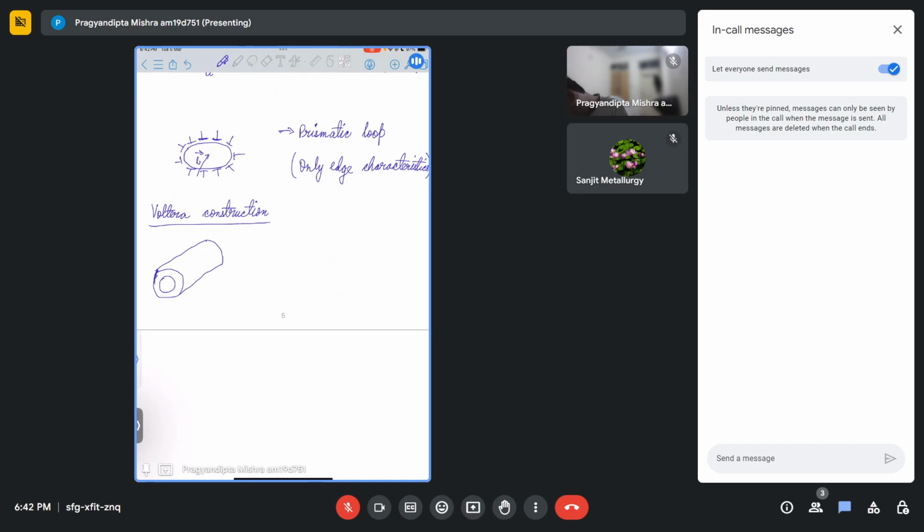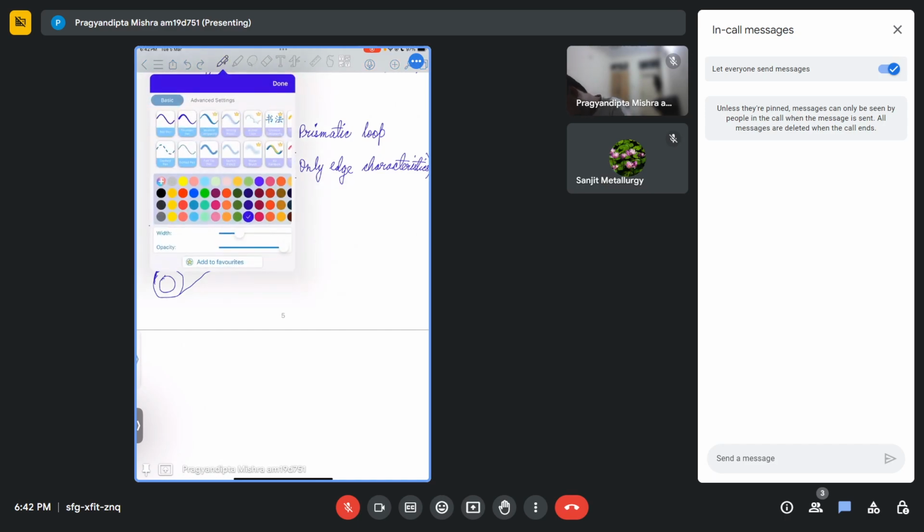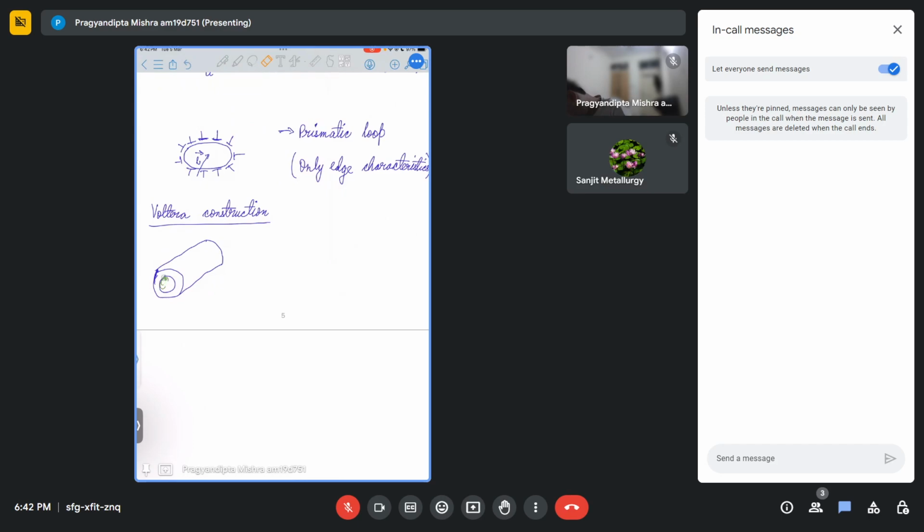If we have a body like this, and I am putting a cut right here.